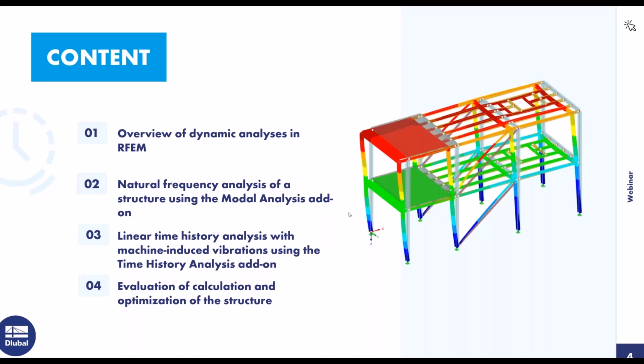The next step is to perform a time history analysis with a machine-induced vibration. Therefore we use the time history analysis add-on to separate the horizontal and vertical loads and give them a timestamp to get a result.